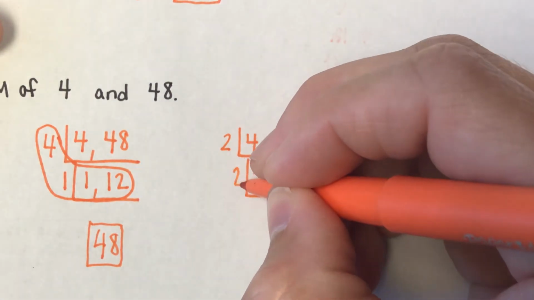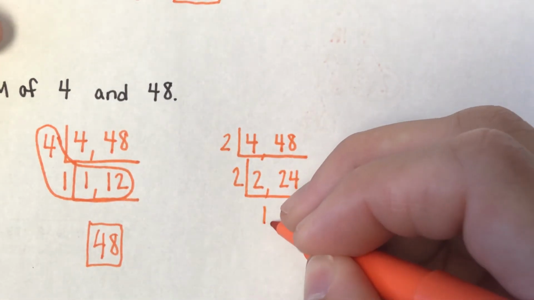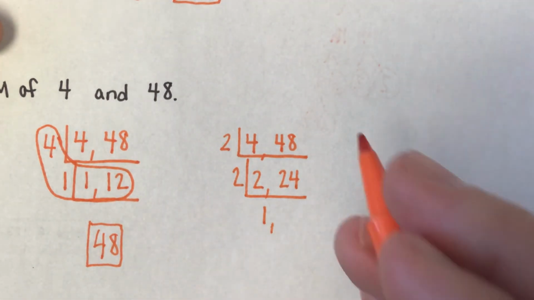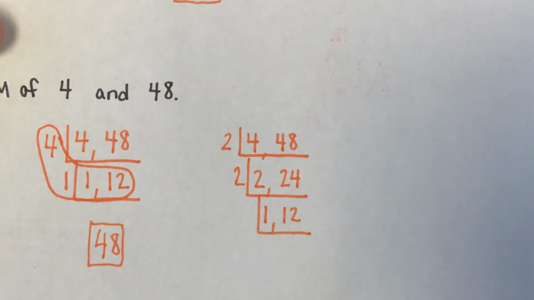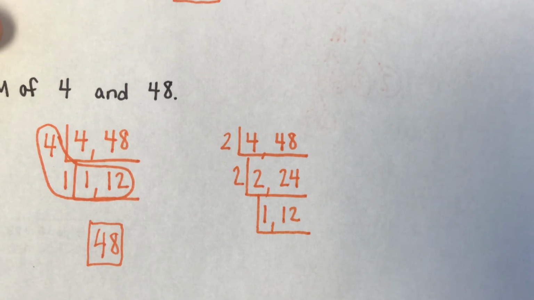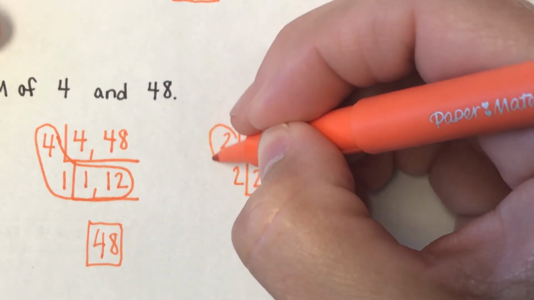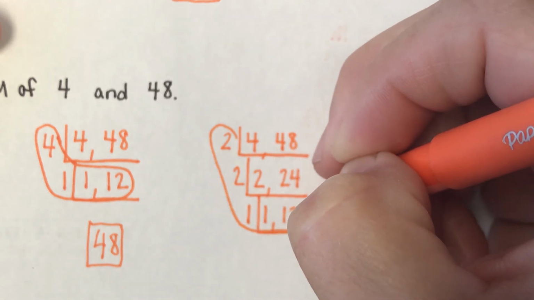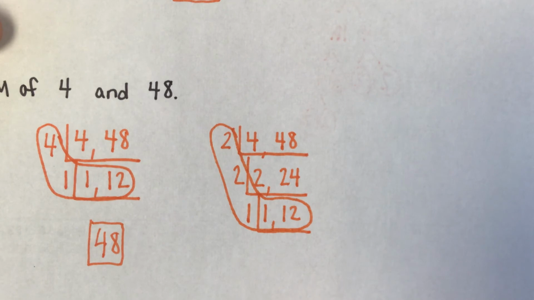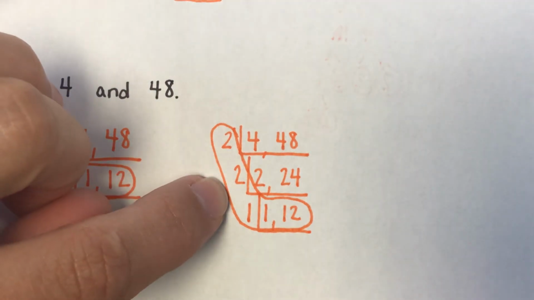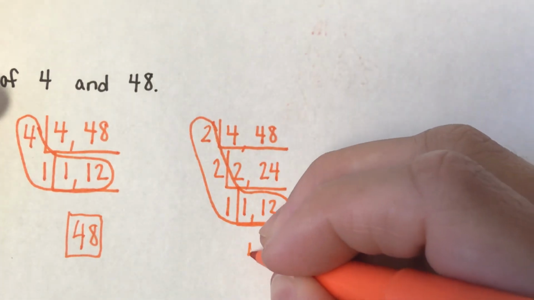The only thing that works is 2. 2 divided by 2 is 1, and 24 divided by 2 is 12. What goes into 1 and 12? The only thing is 1. So now I know I'm done, I got that 1 on the outside. Now I multiply my bottom and my side. 2 times 2 is 4. 4 times 1 is 4. 4 times 12 is 48.